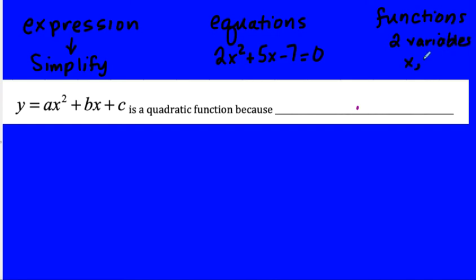They're going to have an x and a y. And we don't solve functions. We graph functions, we interpret functions, but we don't solve them. So this is a quadratic function, number one, because the highest exponent of x is a 2. And it's important for you to recognize that because then you can kind of see a picture of what the function is.